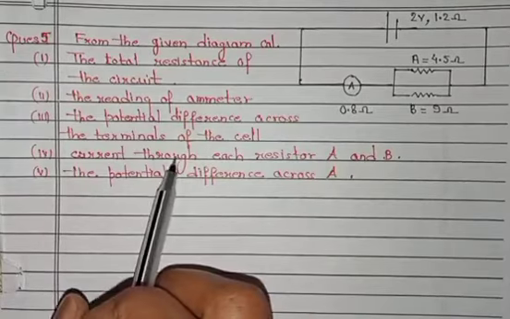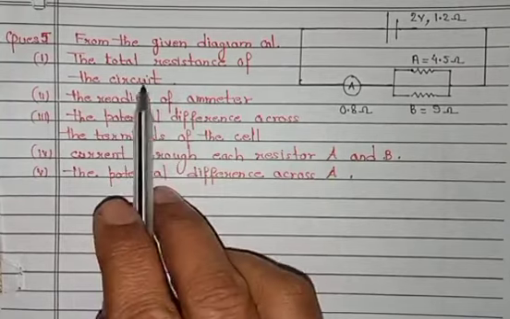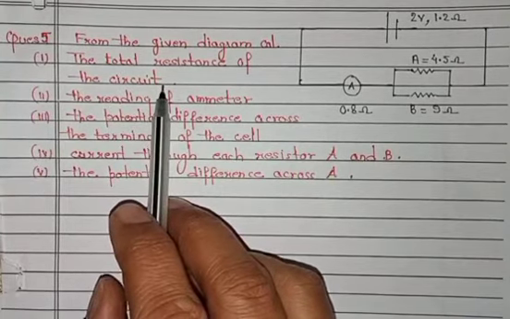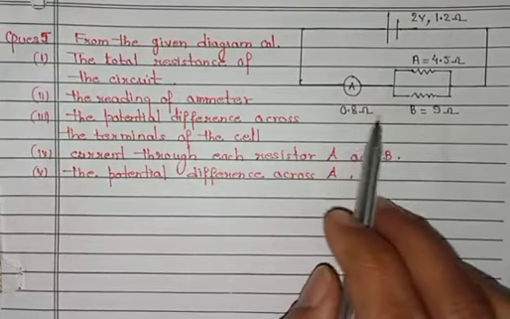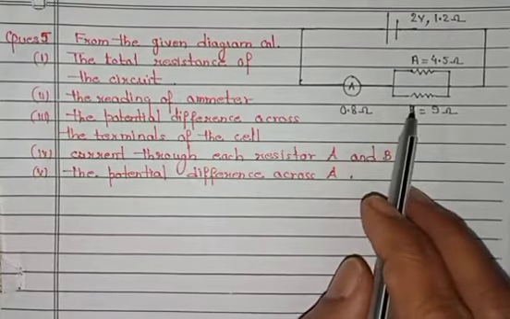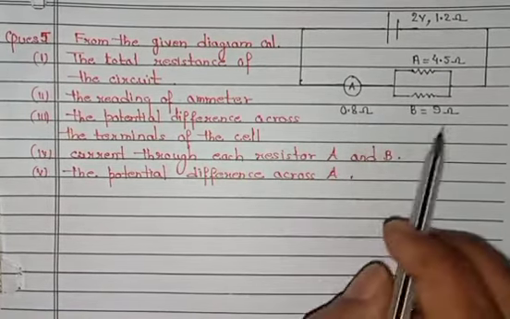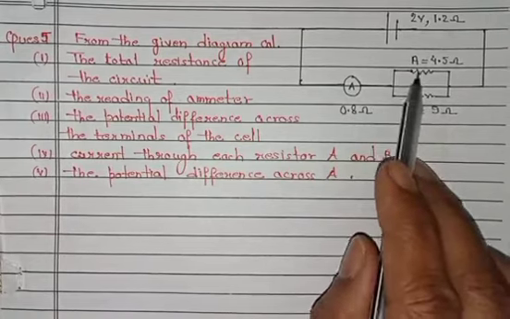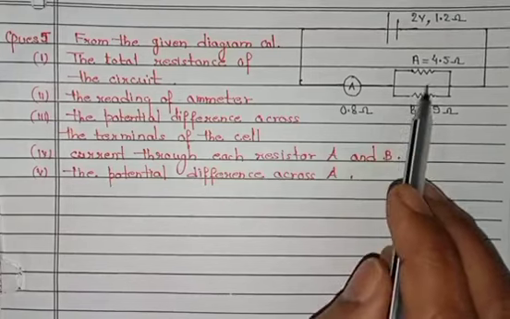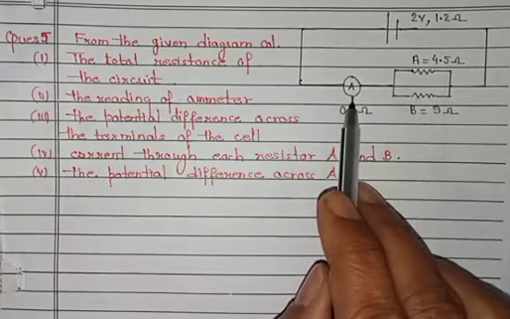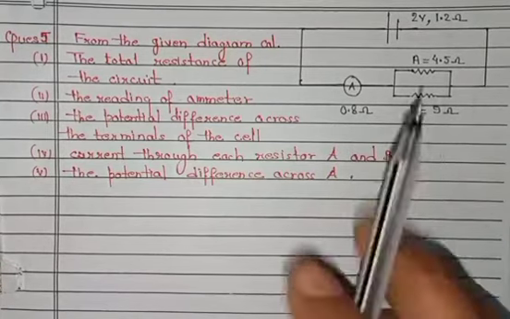Now in this diagram, you see they have asked you to calculate the total resistance. Now when we have to calculate the total resistance of the circuit, means you need to calculate the total external and then add internal to it. Now if you see in the external part, A and B, these two are in parallel, and then with them an ammeter with resistance of 0.8 is in series.